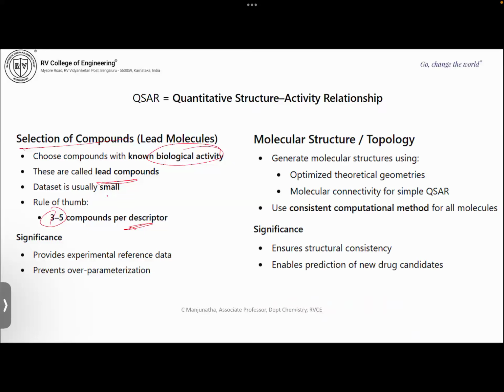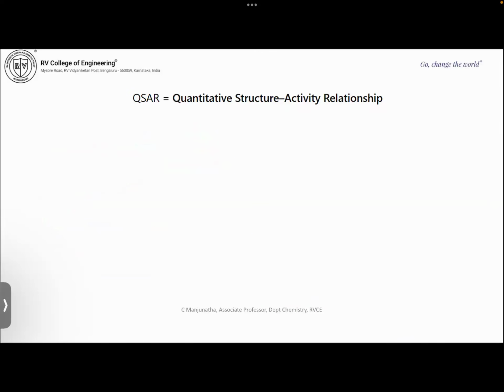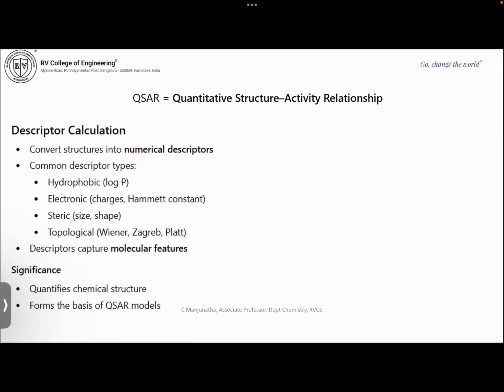Then the second stage is the molecular structure and topology. Generate the molecular structure using optimized theoretical geometries, the molecular connectivity of a simple QSAR. Use a consistent computational method for all the molecules. That is the second stage, similar to QSPR. Then the descriptor calculation: convert structures into numerical descriptors.